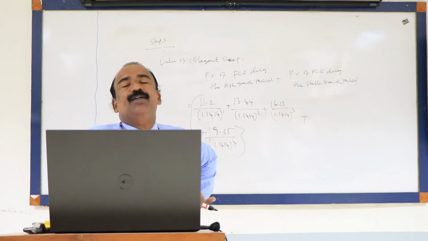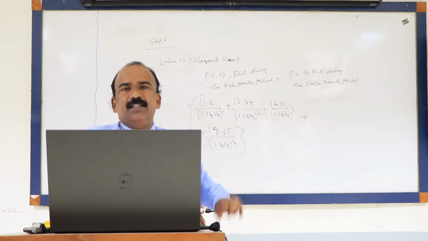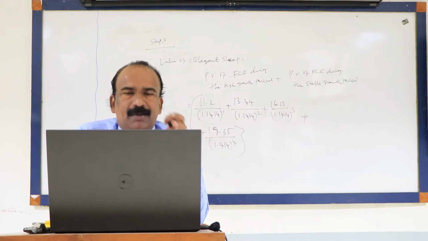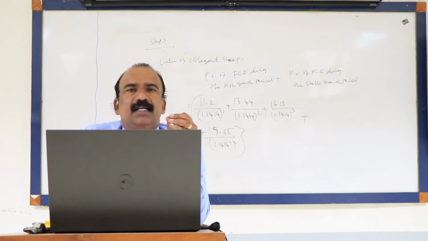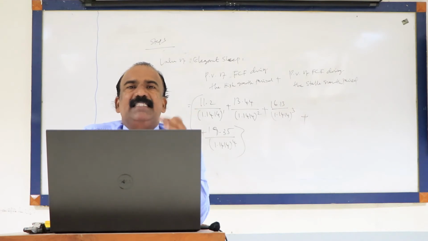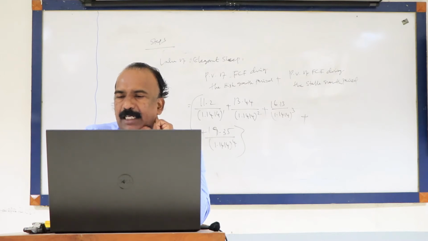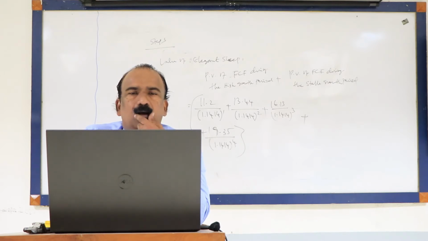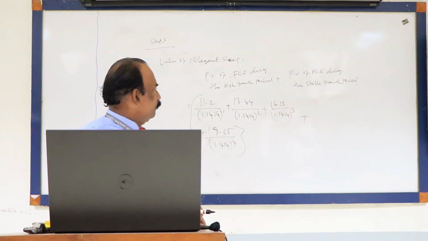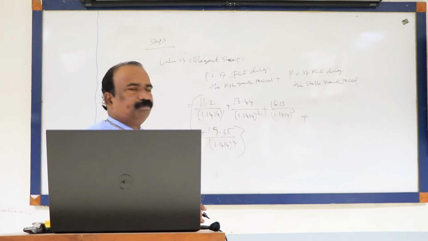As discussed earlier, the continuing value is the cash flow during the stable growth period, fifth year onwards, divided by WACC minus G. What is the future cash flow during the fifth year? How much did we calculate?